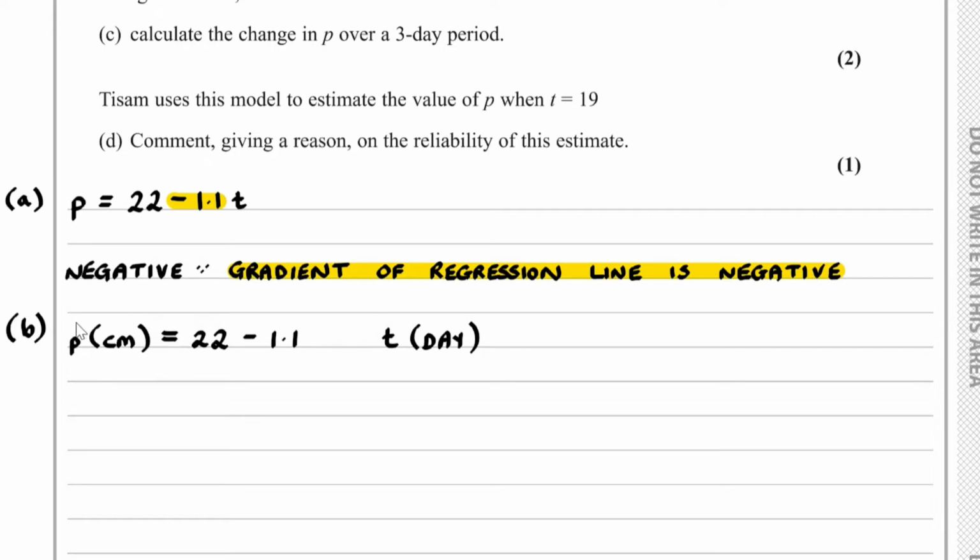And for us to end up with units of centimeters, what I need for the units of the gradient will be centimeters per day. It's as though the days cancel here and here, leaving us with units of centimeters, and therefore the units are centimeters per day.